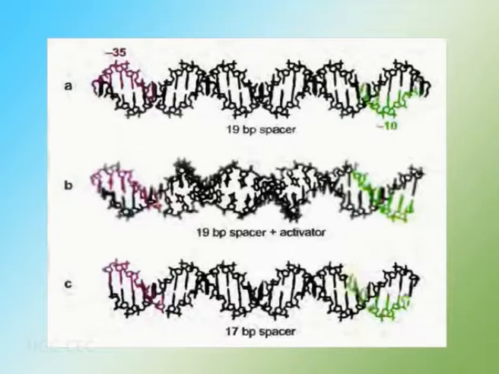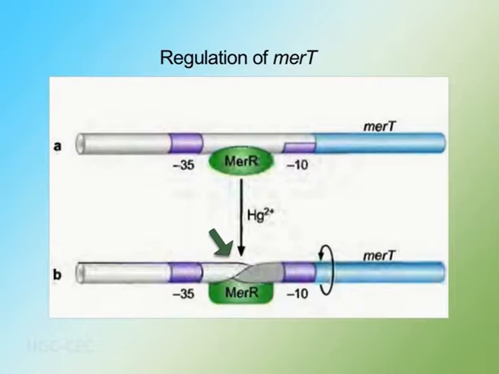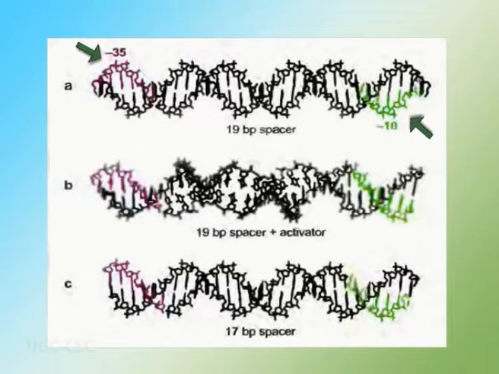And this unusual feature leads to the -10 and -35 sequences facing two opposite ends of the helix. And moreover, this MerR binds to a region between -10 and -35, but the phase of its binding to the helix is opposite the phase of binding of RNA polymerase.